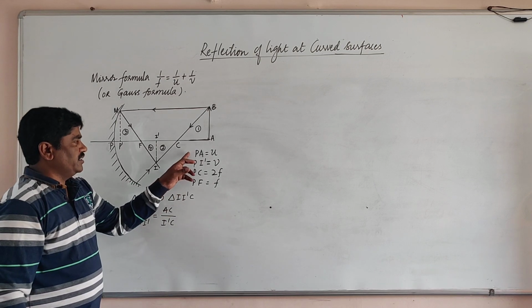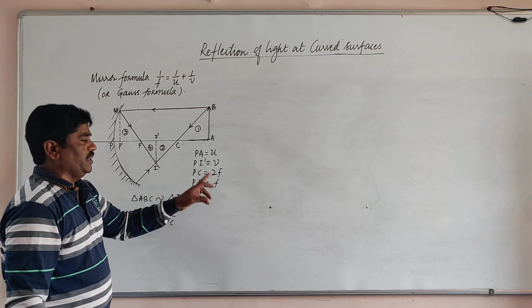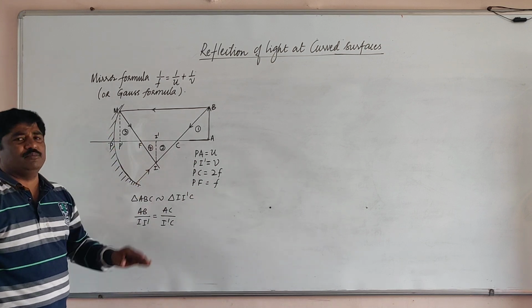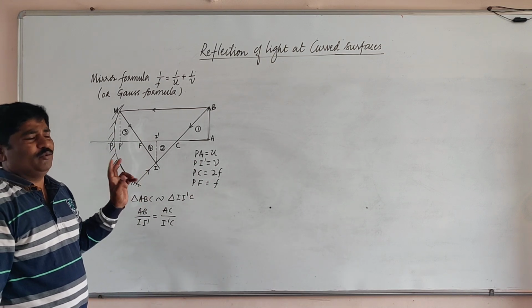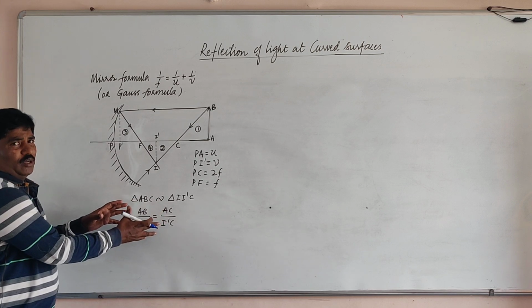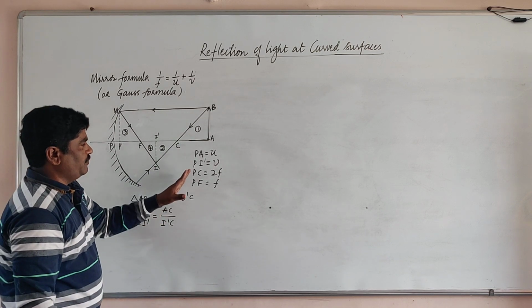But all the notations are PA, PI dash, PC, PF. All the distances must be measured from the pole, so we have to convert in this form.